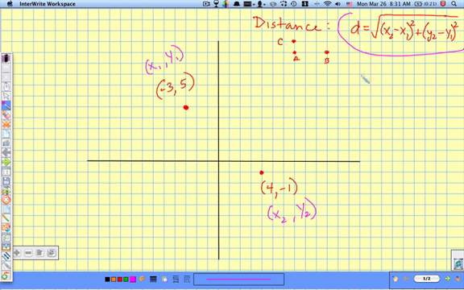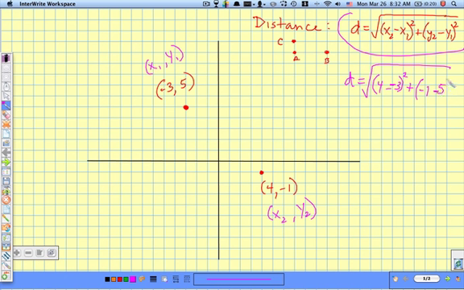So if we use this here, we'll get D is equal to the square root of x2, in this case was 4, so we'll say 4 minus x1, we'll say is -3. People messed that up because they just put 1 minus sign, but there's actually 2 there, squared, plus y2, which is -1, minus y1, which is 5, squared.